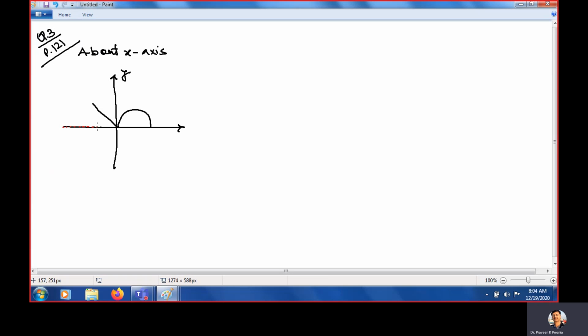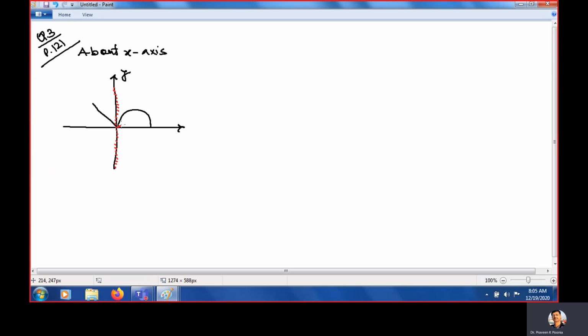So that it becomes symmetrical with respect to the x-axis. Clear? Symmetrical about x-axis means y should be changed. So the axis should work like a mirror image.